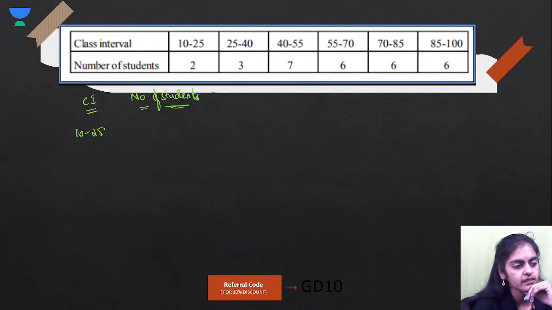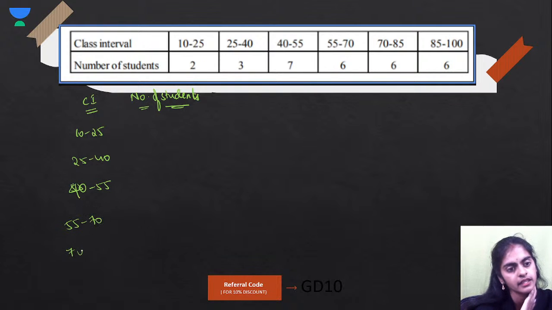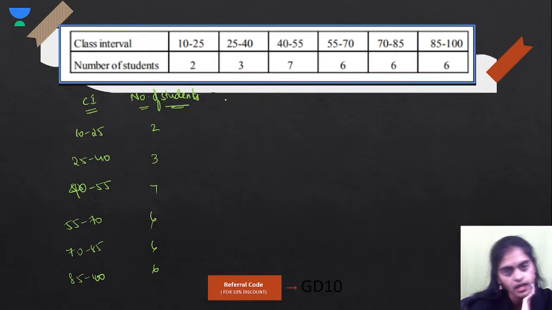10 to 25, 25 to 40, 40 to 55, 55 to 70, 70 to 85, 85 to 100. And this is 2, 3, 7, 6, 6, 6. So now again class mark as usual. So 10 plus 25 gives 17.5.